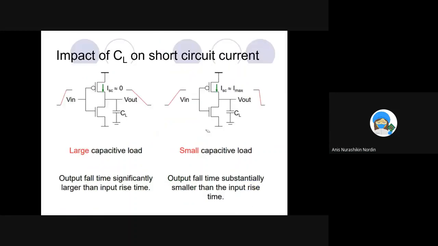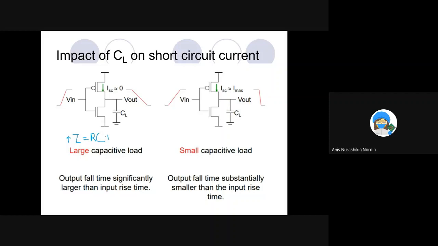Okay, so now we look at the impact of the capacitive load on the short circuit current. If you have a large capacitive load, as you know, the delay tau equals R times C, so a higher C gives a higher delay, right?